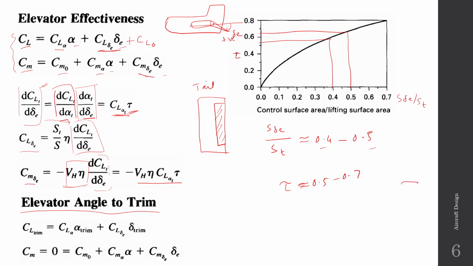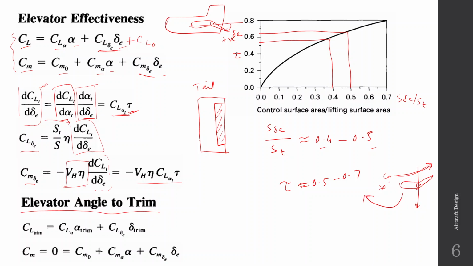So let us say that this is the elevator. We deflect the elevator up. This causes the air to go up like this, and when the air goes up, it produces a downward force. And this downward force, when it acts about the CG, produces a positive moment.